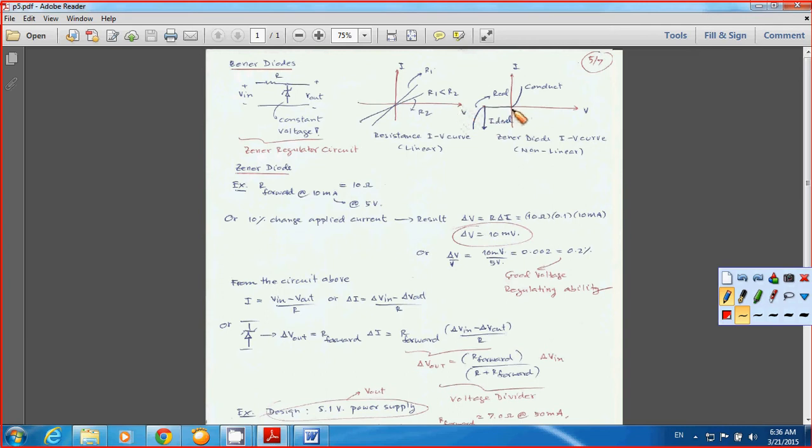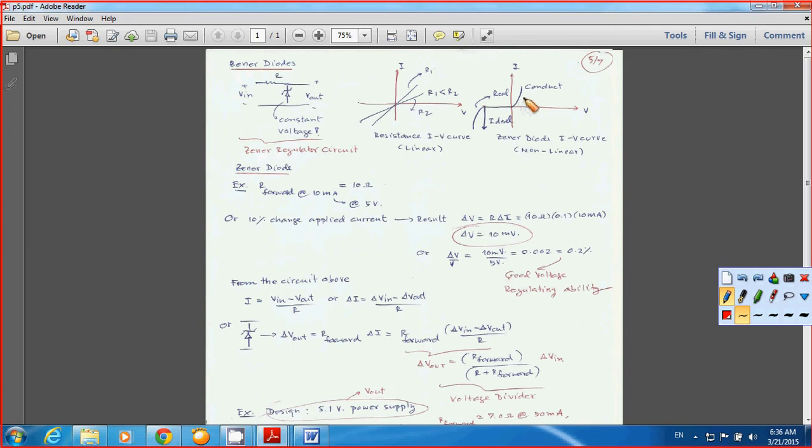But if you take a look at the Zener diode IV curve, the resistance of the diode corresponds to the slope of the plot, and at each point you don't have the same slope, which means you don't have the same resistance.